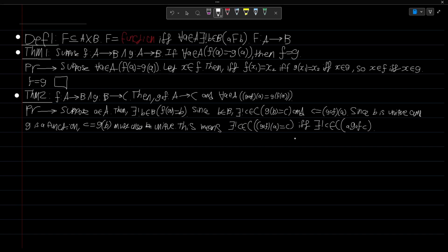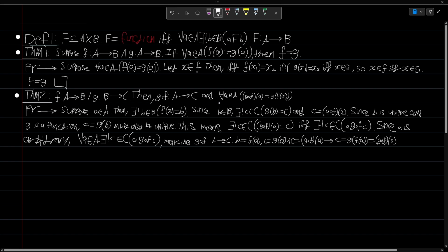And by definition of g after f, this is true if and only if there is one c in C such that a is g after f related to c. And since a was an arbitrary element of A, this is true for all elements of A. And that is just the definition of a function, so we have shown that g after f, their composition, is a function from A to C.